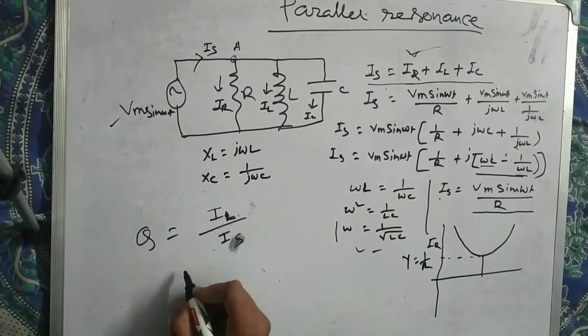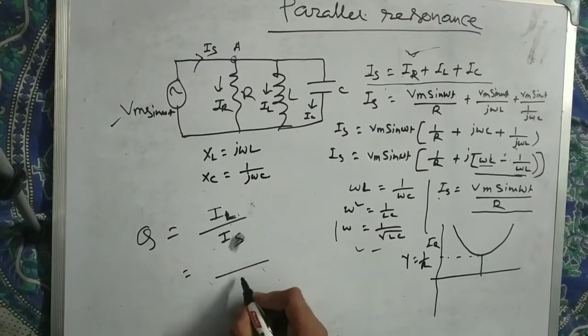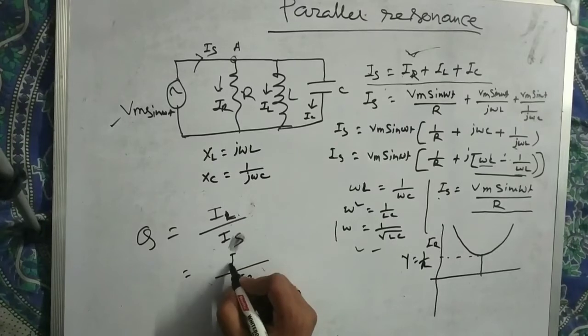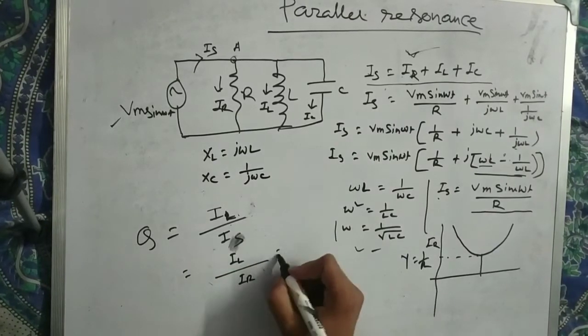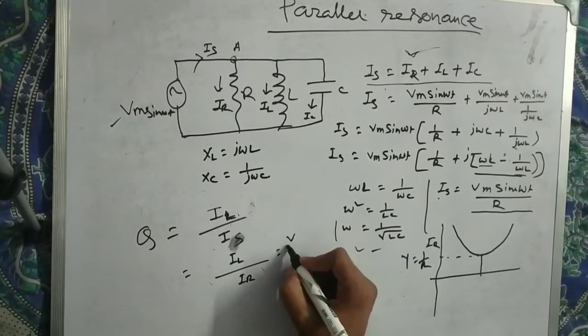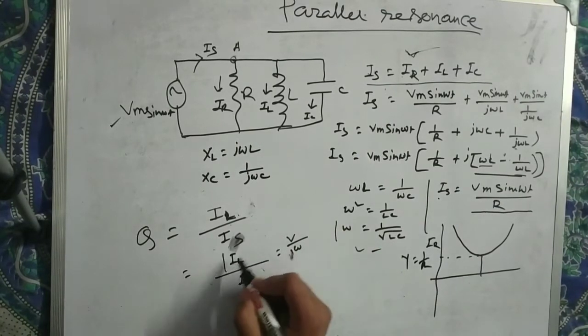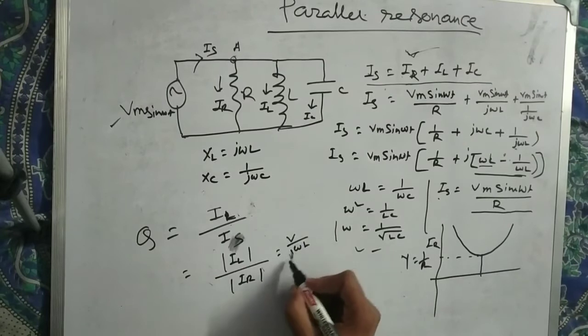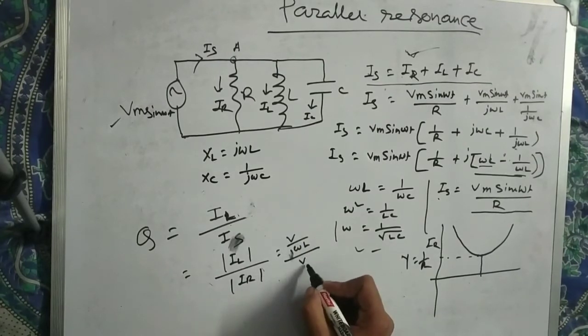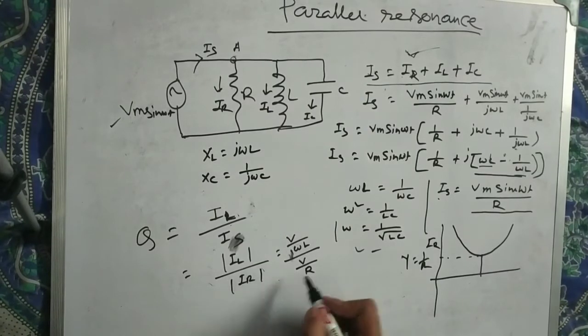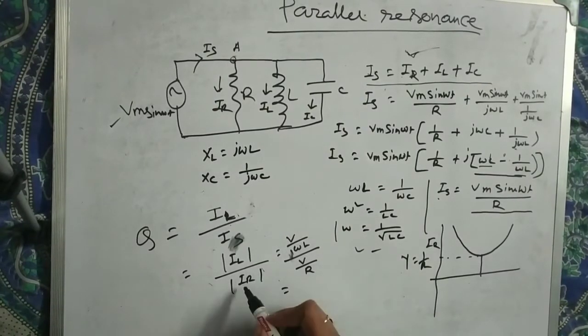At resonance, source current equals IR, and inductor current IL equals, we know, V by omega L, we are taking the mod value, divided by V by R. Source current at resonance equals the resistance current.